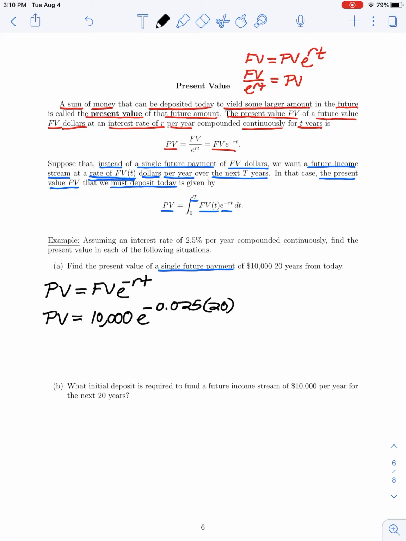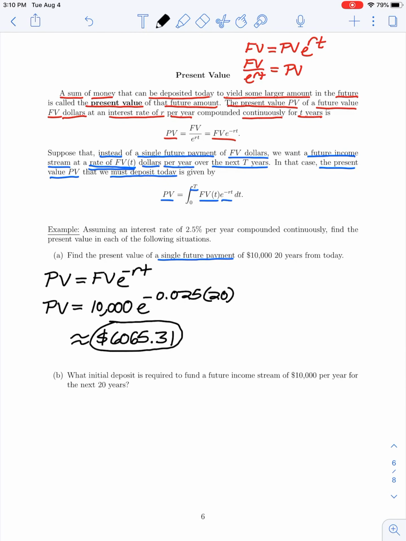So making use of a calculator to approximate this value, we have approximately $6,065.31 if we round to the nearest cent.